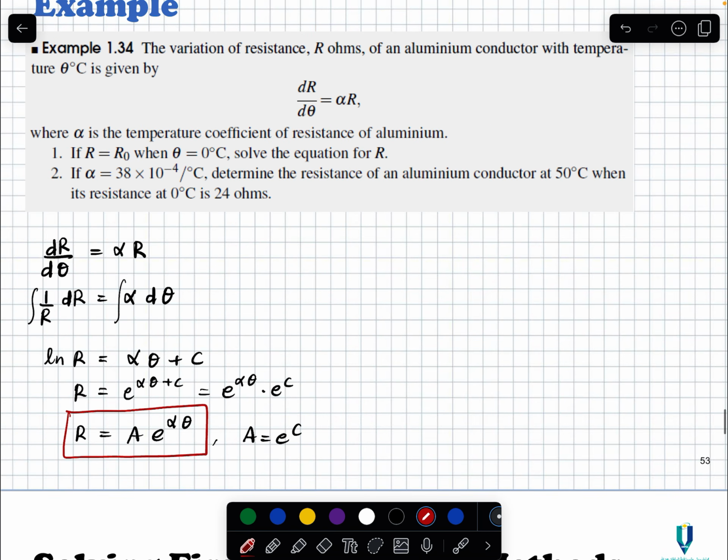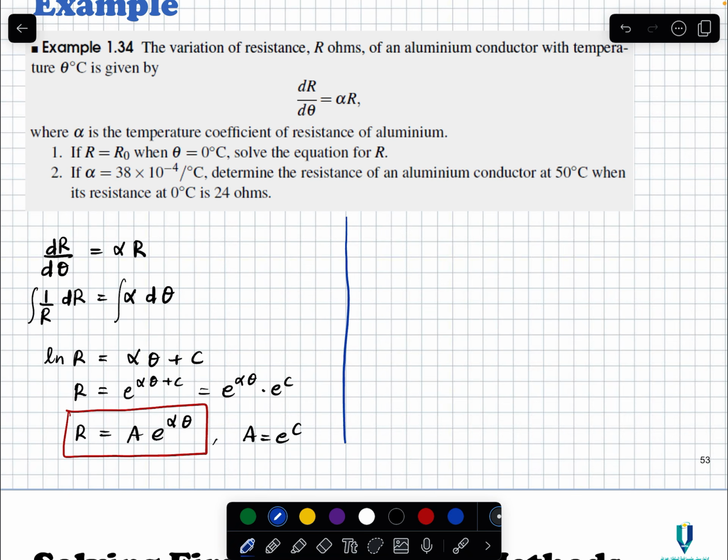Next, we want to solve question 1. If R equals R naught when theta equals 0, solve for the equation for R. So problem 1: if R equals R0, or R naught, when theta equals 0 degrees Celsius. So let's substitute this into the current formula.